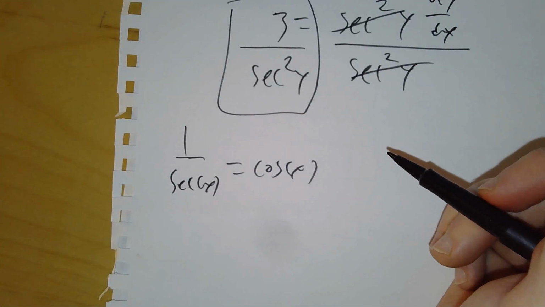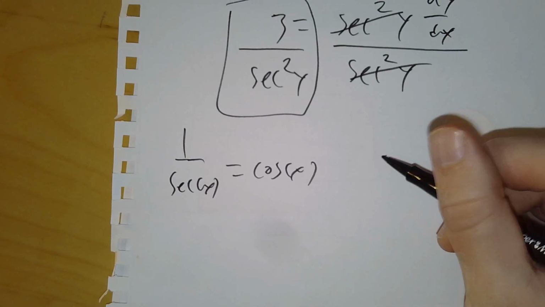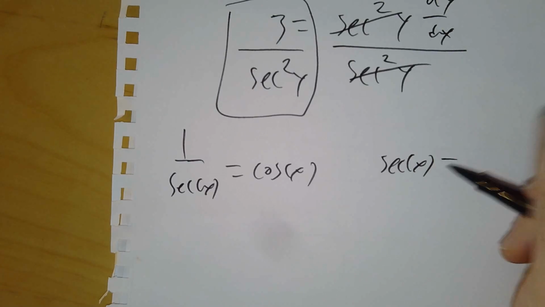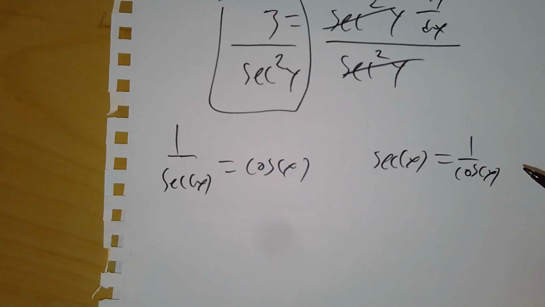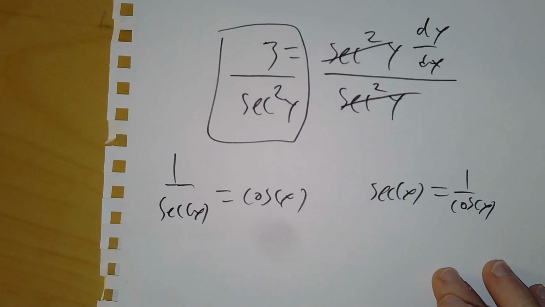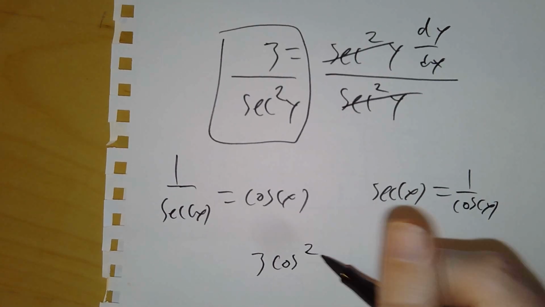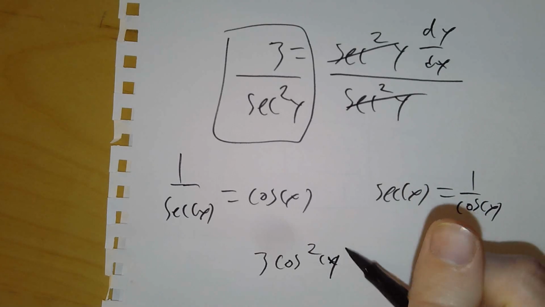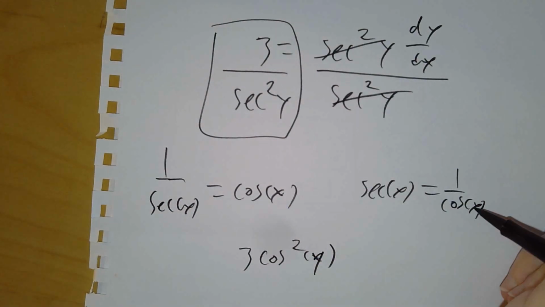Okay? Just like secant x is 1 over cosine x, right? Okay? So this then, by that definition, would be 3 cosine squared y. Okay? That makes sense? These are the identities.